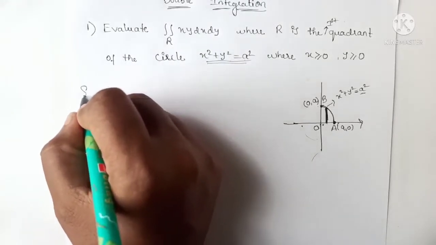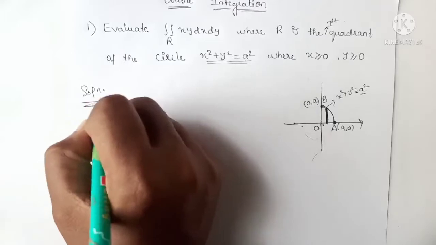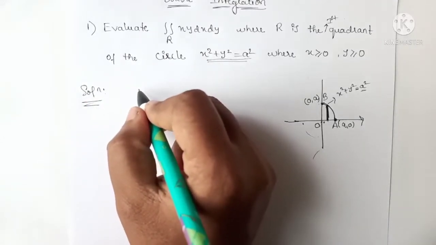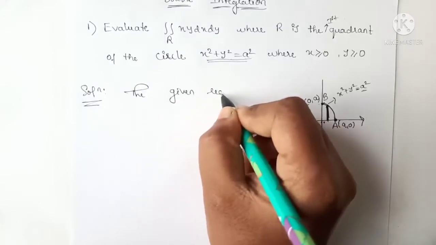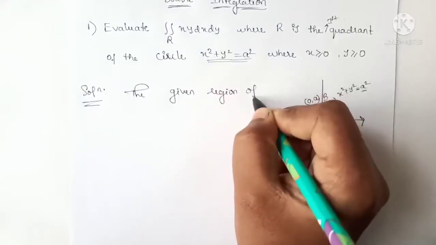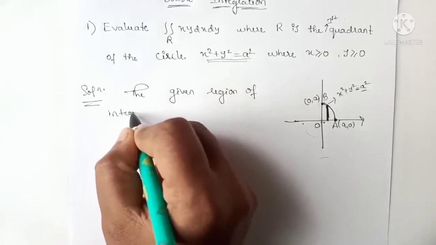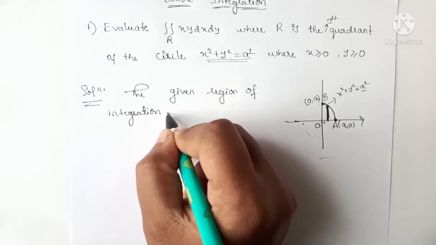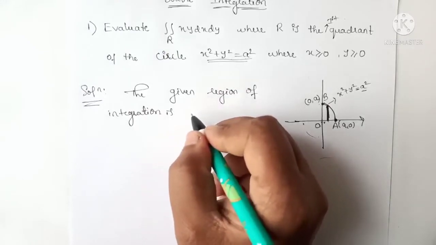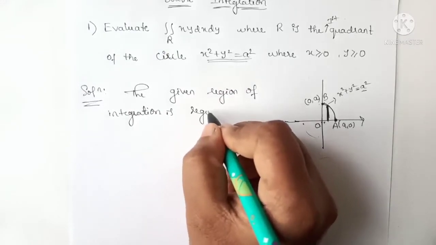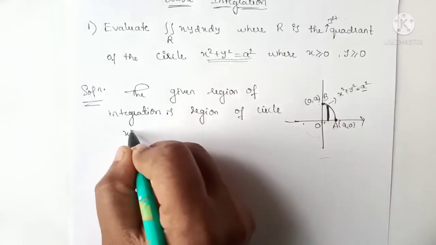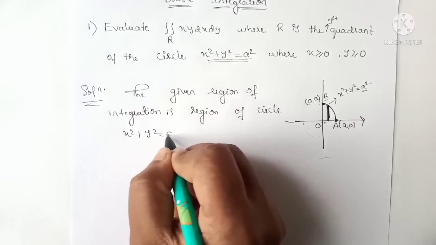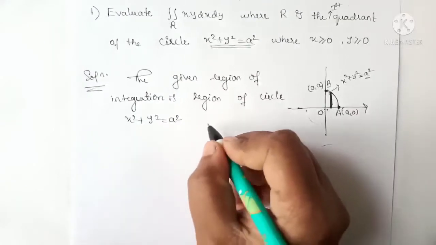Solution: first you write that the given region of integration is the region of the circle x square plus y square is equal to a square, which is in the first quadrant.